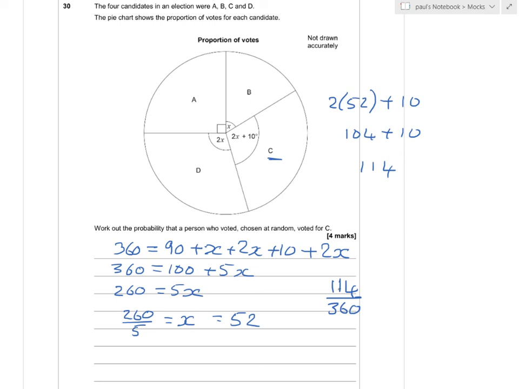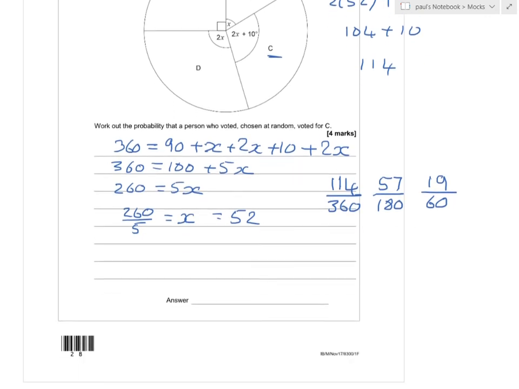So half of that is 57 over 180. Could divide by 3, can't we? Because that's 19s. So that would be 19 over 60.